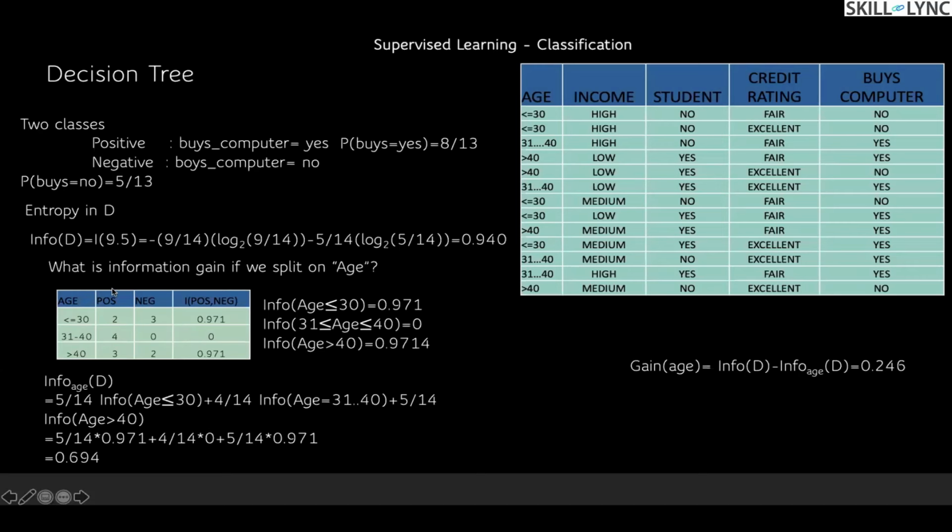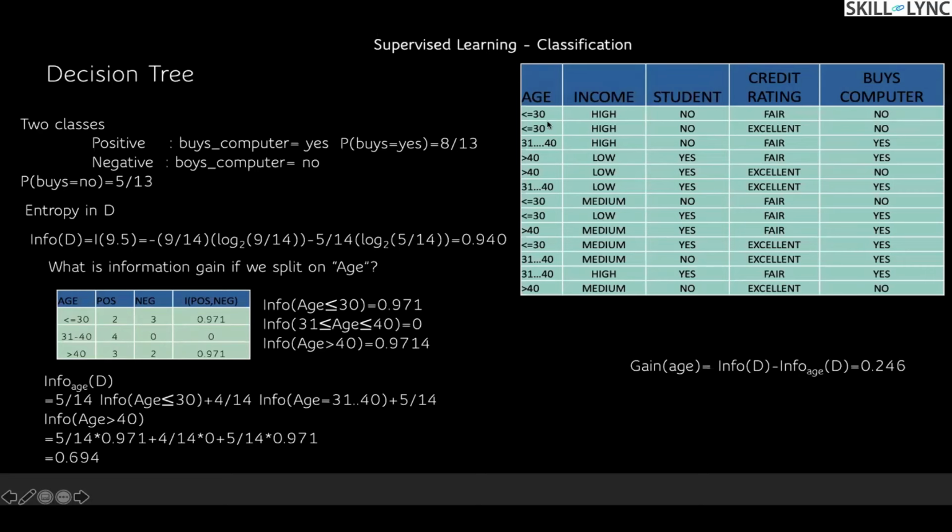Now what is the information gain if we split on age? That is a problem which we need to solve. For age, how many different bifurcations do we have? Less than or equal to 30, 31 to 40, and greater than 40. Now, how many positive events do we have for less than or equal to 30?